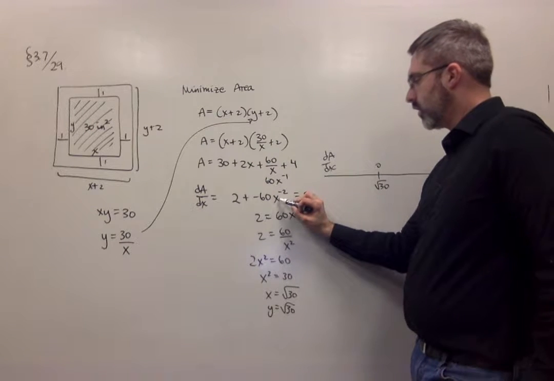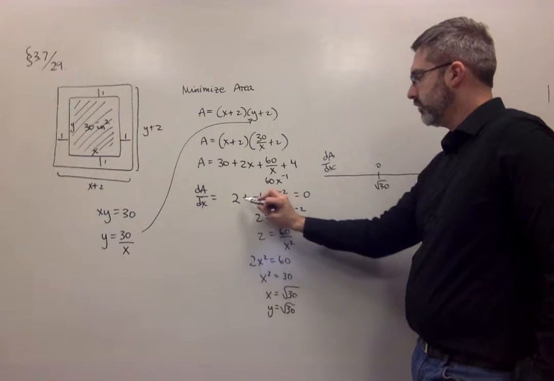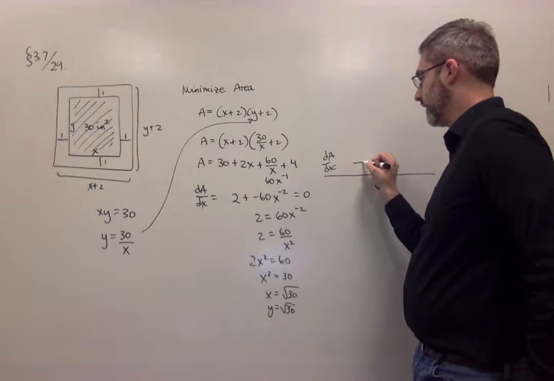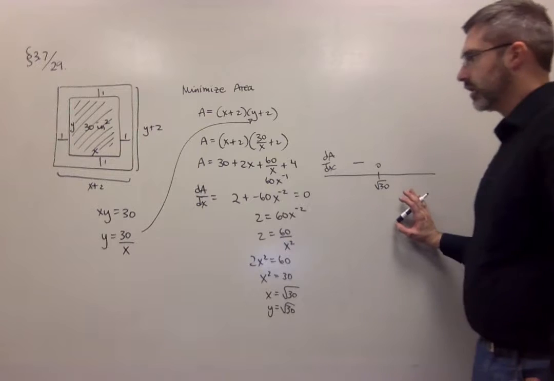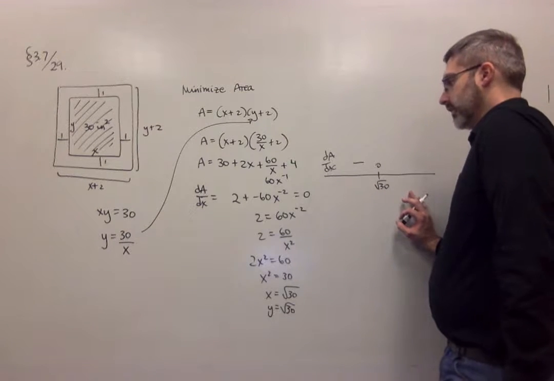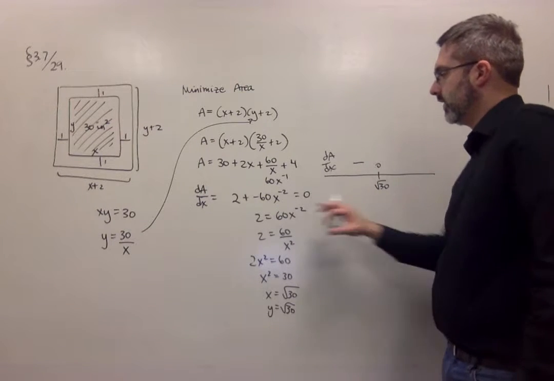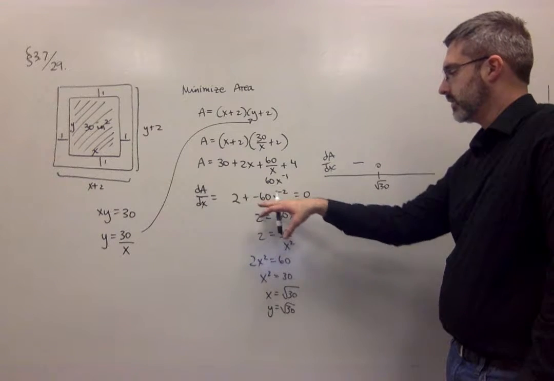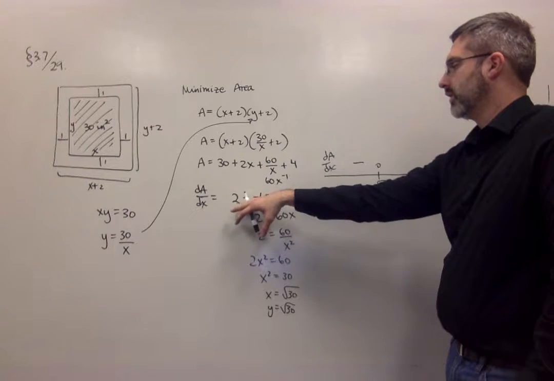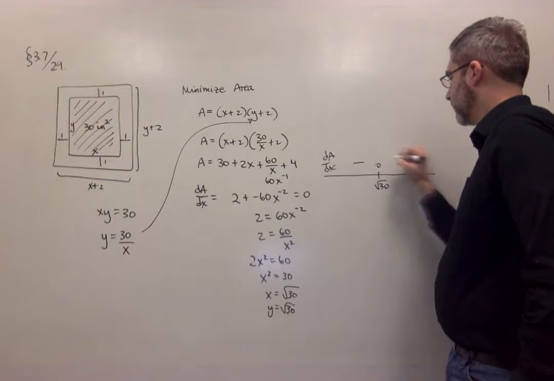If we were to plug in 1, 2 minus 60 is going to be a really big negative number. And if we were to plug in something much larger like 10, we've got negative 60 over 100, right? The x squared is on the bottom. That's going to be a really small number. So 2 minus a small number is going to be positive.